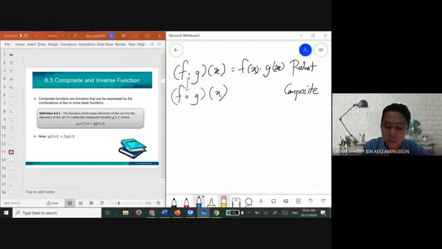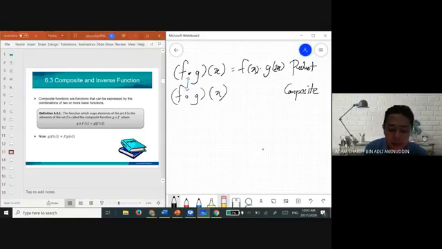Okay. Composite is not the same with product. Product kamu darab sahaja. Tetapi composite gabungan, gubahan kalau tak silap saya. Kalau kamu guna term dalam bahasa Melayu buku teks dulu, function apa? Fungsi gubahan. Composite function.